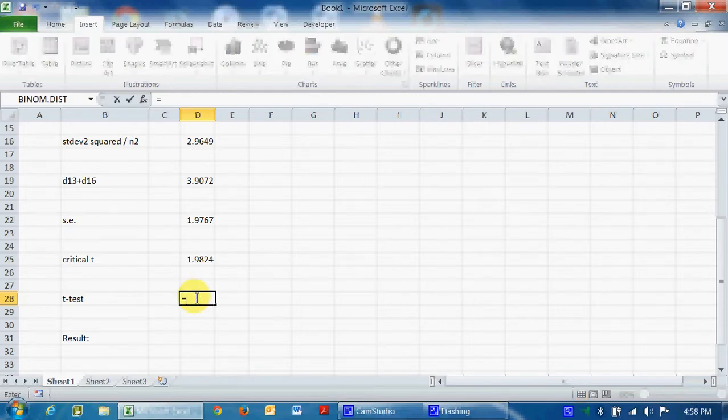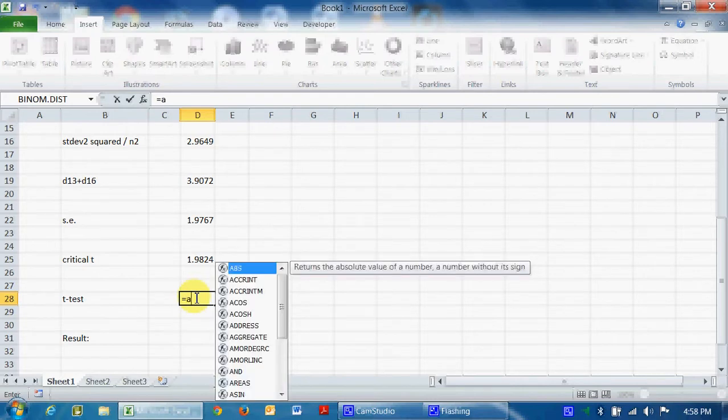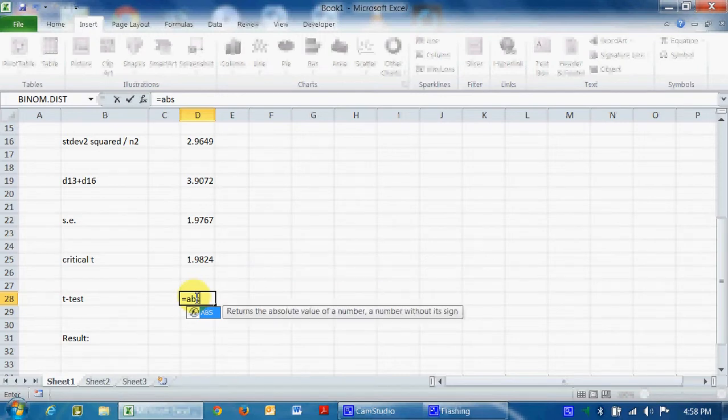And then for our t-test, we're going to go ahead and do this with absolute value built in, rather than just assume it's the absolute value of this number. We talked about this in the last chapter. I showed you how to add the absolute value to the equation after the fact for chapter 4. I'm just going to include it now. So we're going to go equals ABS, open parentheses.